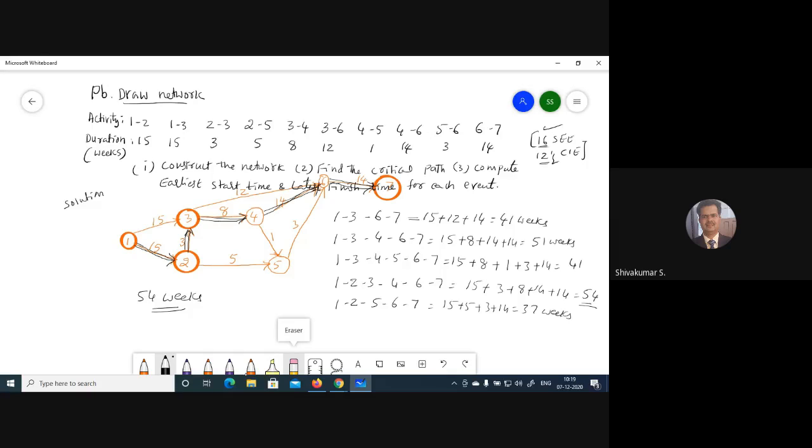That is computing the earliest start time and latest finish time for each event.